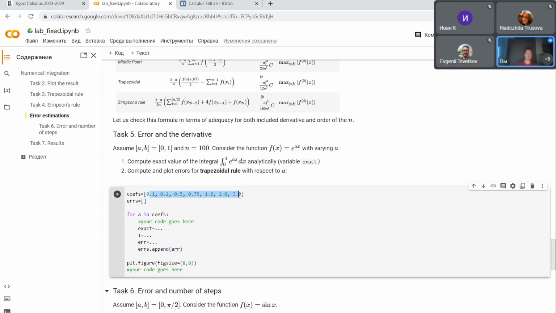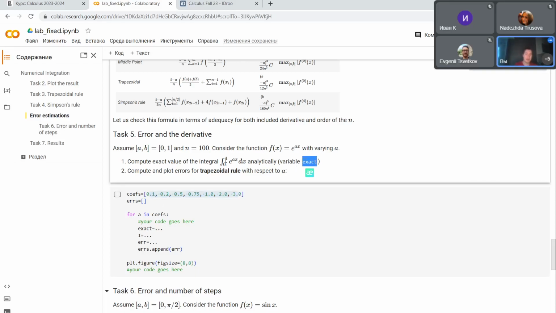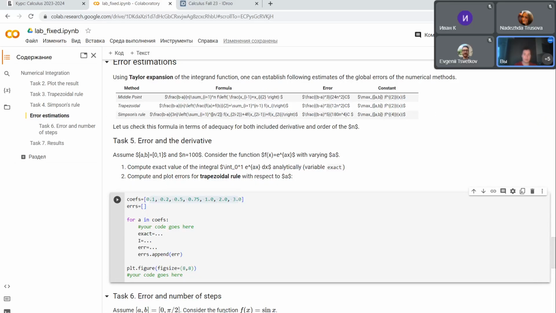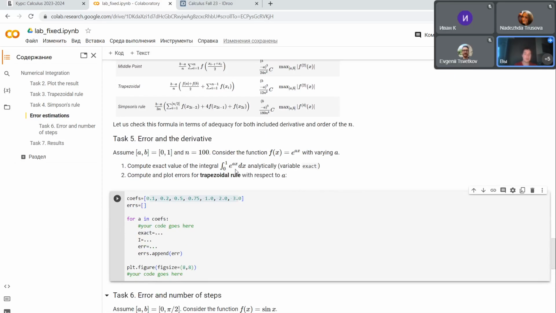First of all, we suggest you compute the theoretical value of this integral. I think you understand that this value can be easily computed analytically.